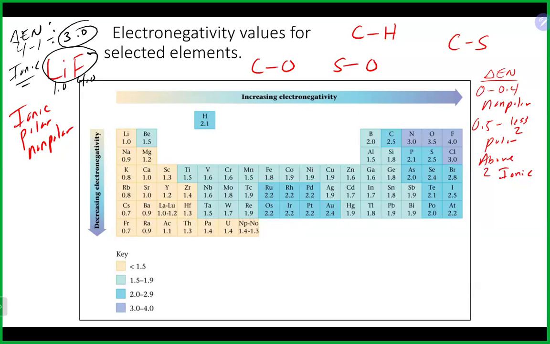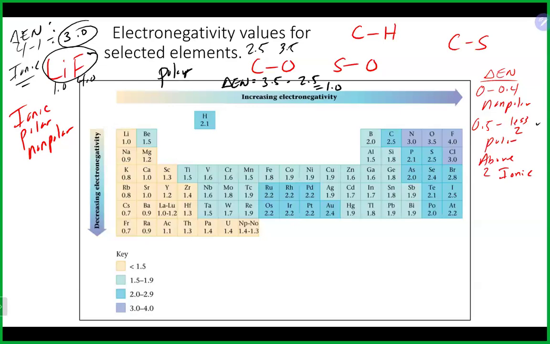We come up here to carbon oxygen. Carbon is 2.5. Oxygen is 3.5. Difference in electronegativity there is going to be 3.5 minus 2.5, which will be 1. 1 is above 0.5, but less than 2. So this tells us it's going to be a polar bond.